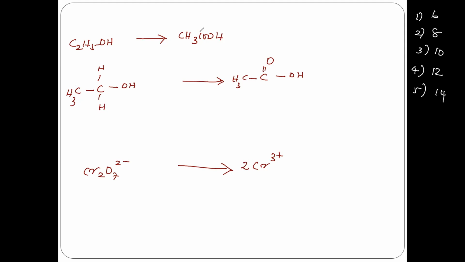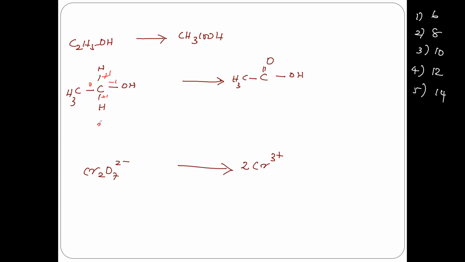Now we'll do the question. So first we have to find the oxidation number. You can see the carbon, which is having what? The -1. Here this is +1, +1, and this is 0.